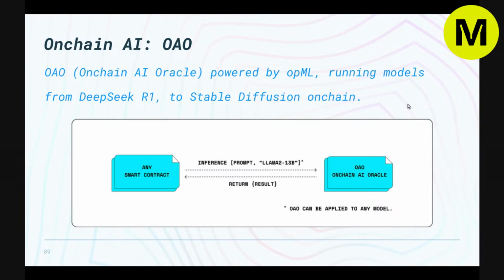But for developers who want to build apps, you just need to know that the on-chain Oracle is a pull-based Oracle, and every time you want AI inference, you send your prompt, all the prompt settings, and the model ID to the on-chain Oracle, and it gives you the calculation result of this AI inference.